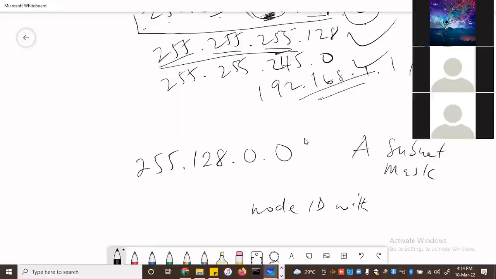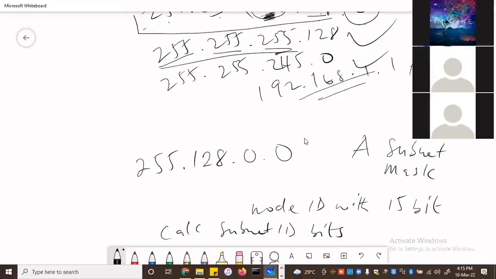Okay, so I have 1, 2, that's 15 bits. Calculate your subnet ID bits.